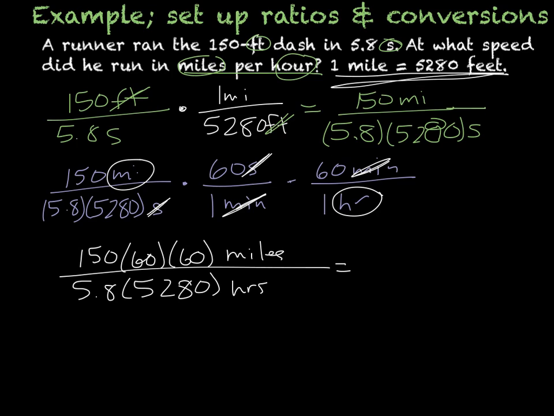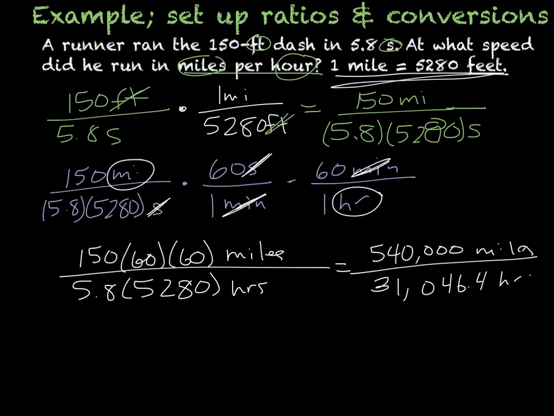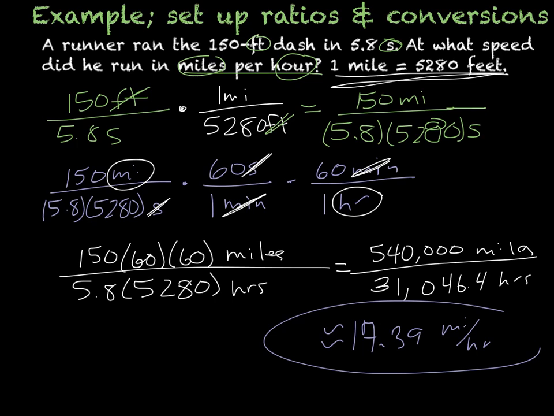So we would get 540,000 miles divided by 31,046.4 hours. And then when you type that into your calculator, you would get roughly 17.39 miles per hour. And that would be your final answer.